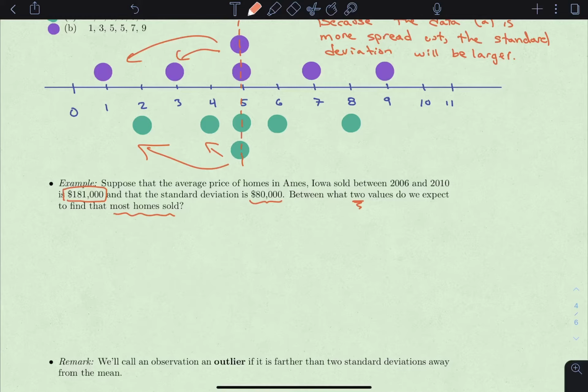Standard deviation says typical homes, typical prices, are less than $80,000 away from the average.